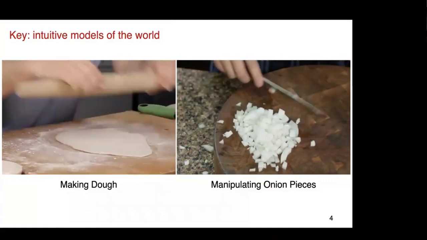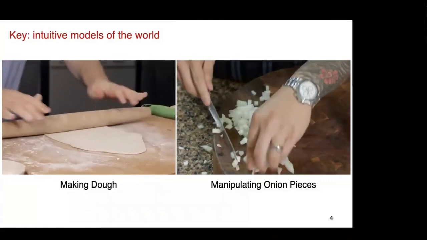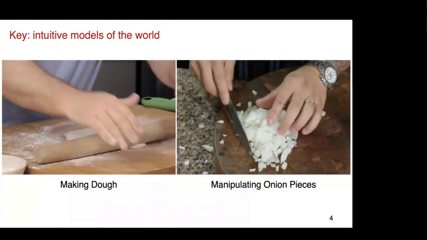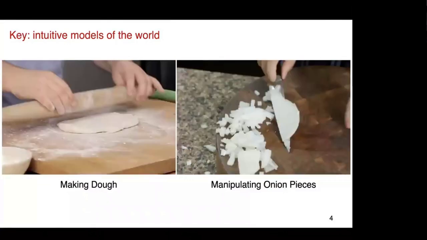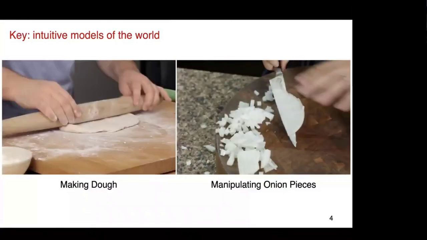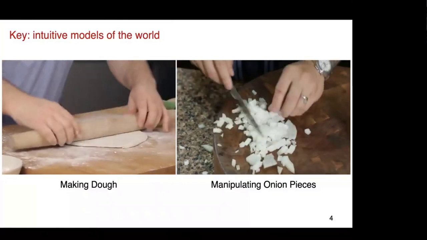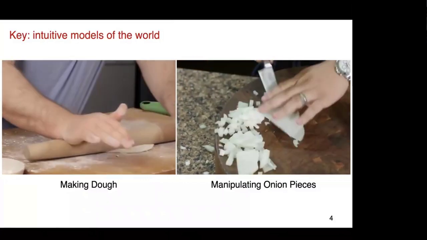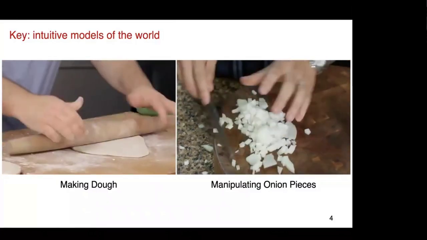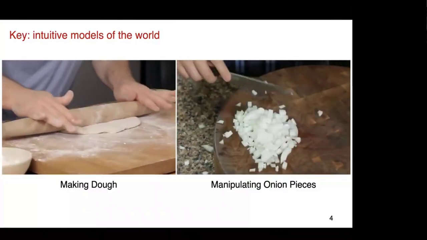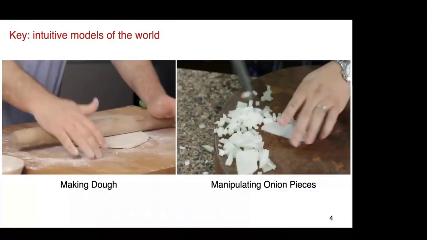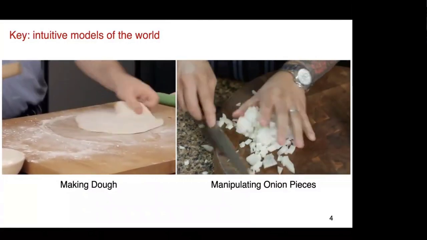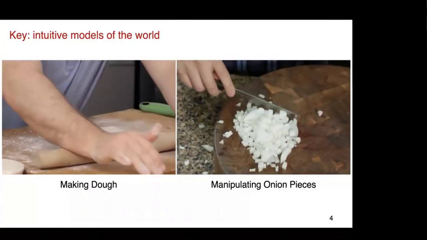For example, looking at these two examples, although we humans are manipulating objects of different materials, one is dough, one is a pile of onion pieces, we can predict intuitively how the dough will deform and how the onion pieces will move around. And it's exactly this kind of predictive ability that allows us humans to plan our behavior in order to achieve a specific target configuration.